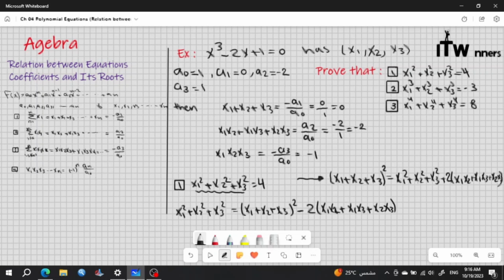So we have from this relation x1 plus x2 plus x3 equal to 0, and minus 2 into x1 x2 plus x1 x3 plus x2 x3 equals negative 2. So we have negative 2 into negative 2 equals 4. The first one is proved. Okay, let's move to the second one.